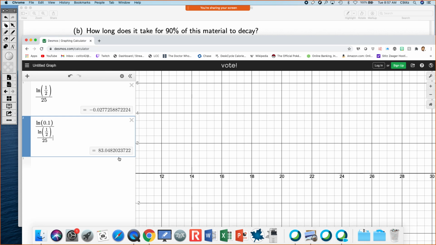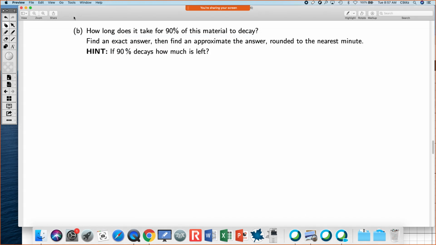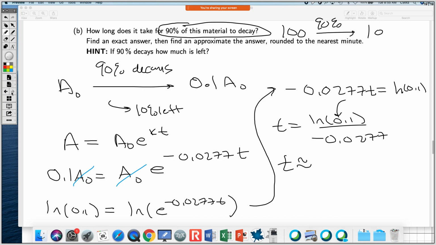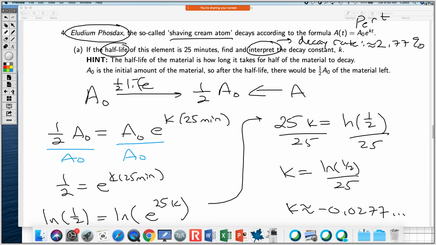So we're looking at roughly 83 minutes either way. And I suppose I should say this decay rate is per minute, because t here is measured in minutes.